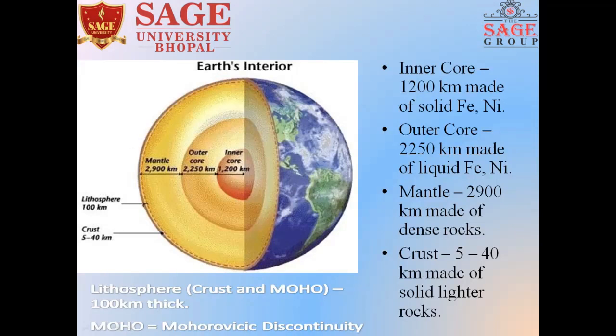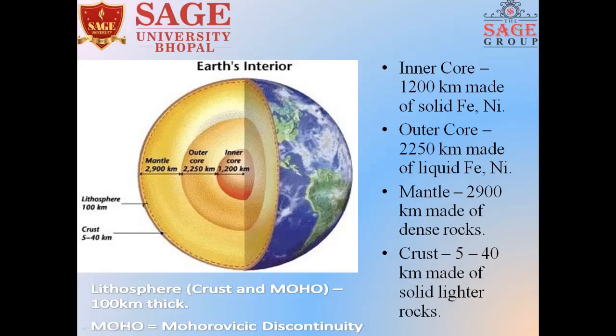This is the section of Earth which consists of inner core, outer core, mantle, and lithosphere. The inner core is made up of solid iron and nickel, and is about 1200 kilometers. Then the outer core, made up of liquid iron and nickel, is about 2250 kilometers. Then the mantle is made up of dense rock, and it is about 2900 kilometers. Then the lithosphere is about 100 kilometers.